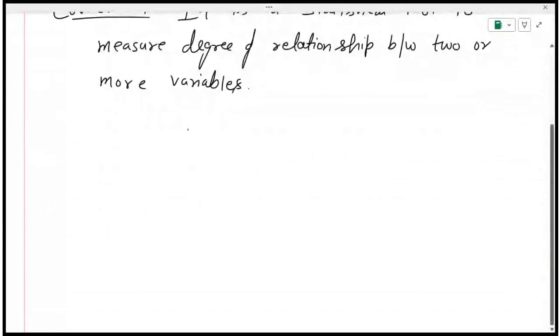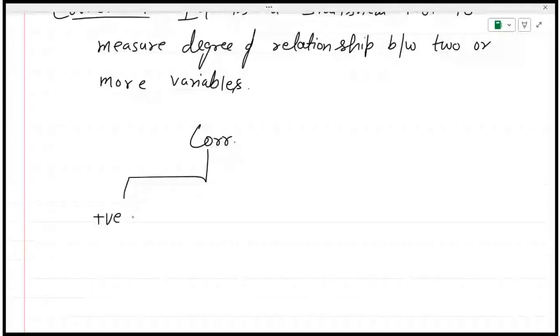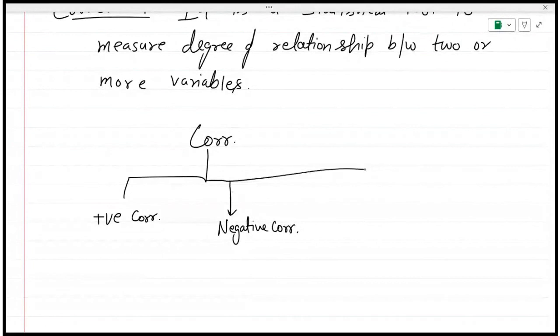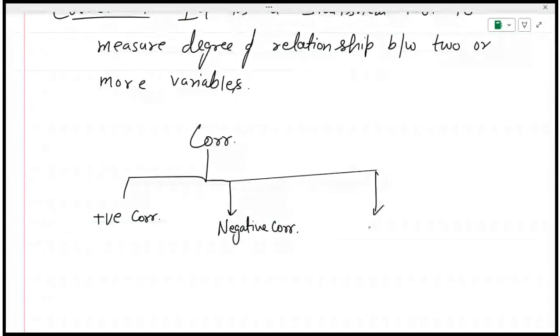Correlation is of three types. First is positive correlation. The second is negative correlation. And third is no correlation.